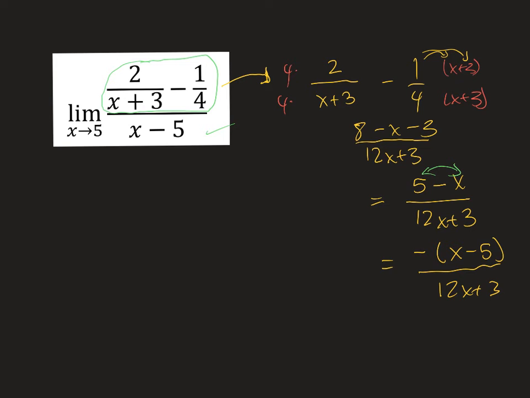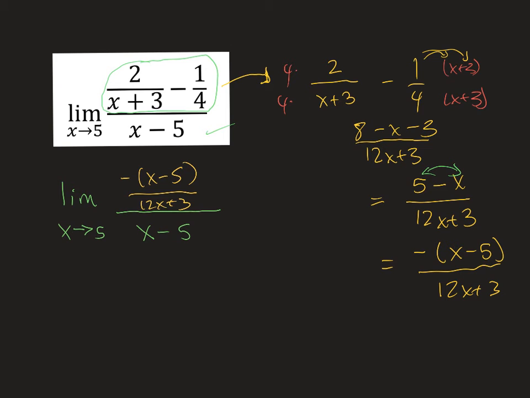Okay, so back to my limit. That yellow stuff that I just did, I'm going to write in yellow, and everything else I'll write in green. We have the limit as x approaches 5 of the original x minus 5, which was on the bottom, and now we have this new yellow stuff, which is negative x minus 5 over 12x plus 3.